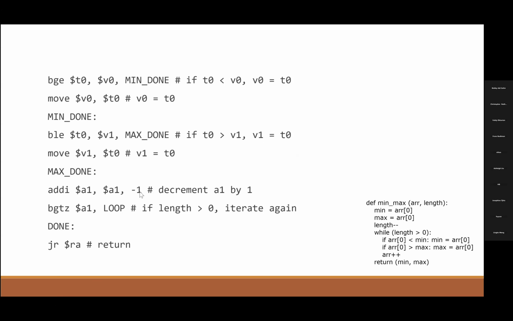And when we're done, we decrement the length by 1 again. And then if the length is still greater than 0, we'll jump back to the start of the loop to start the process all over again. And when we're done, since V0 and V1 already store the return values that we want, we can just return.